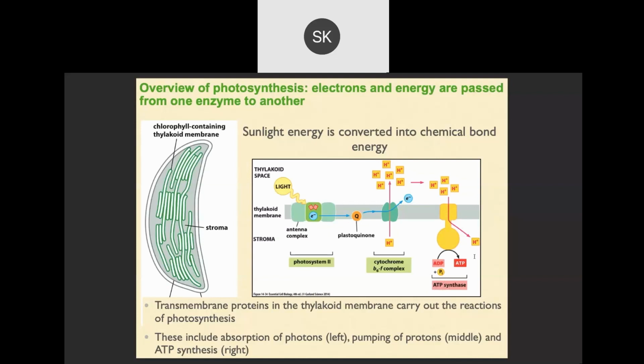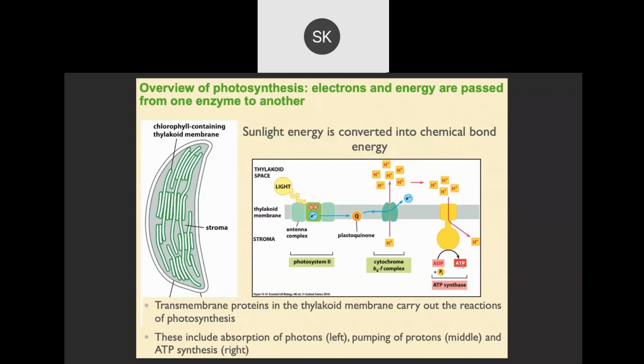That is a favorable movement because the protons are going from high concentration to lower concentration. As they move, the ATP synthase kind of piggybacks on their movement from high to low, and it uses that to make ATP.